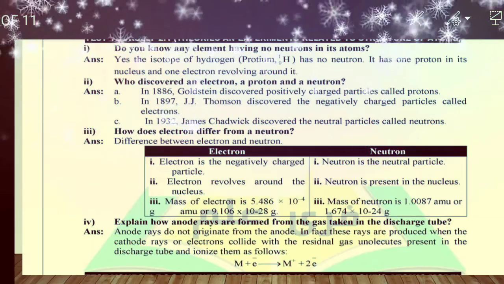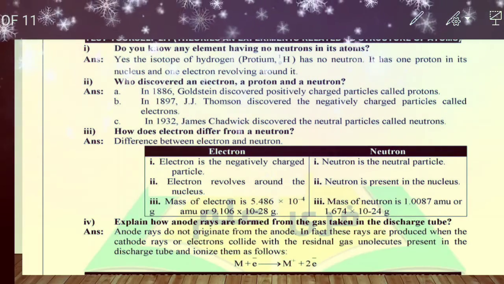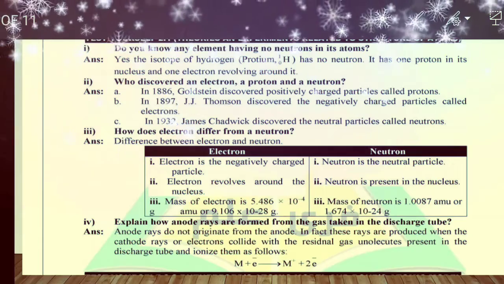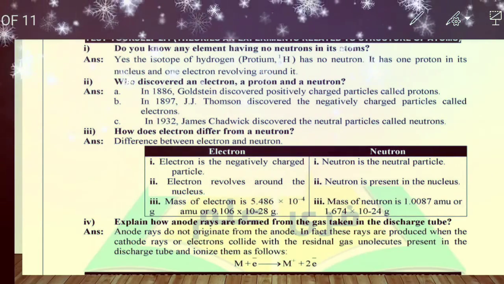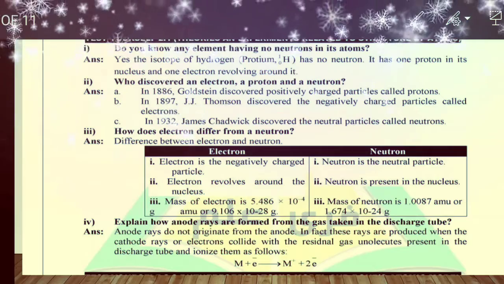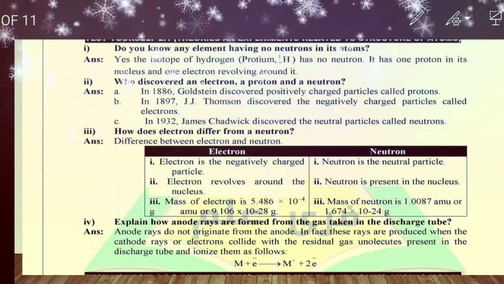And the fourth one is: explain how anode rays are found from the gas taken in the discharge tube. Anode rays do not originate from the anode. In fact, these rays are produced when the cathode rays, or electrons, collide with the residual gas molecules present in the discharge tube, and we analyze them as follows.